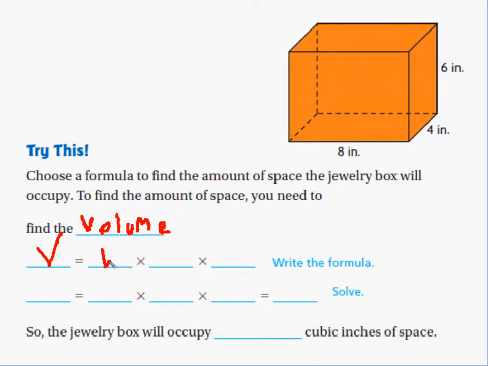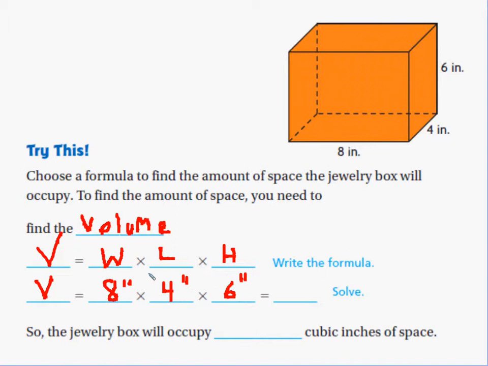The formula for volume is length times width times height. It has 3 dimensions. In this case, the length is 8 inches, the width is 4 inches, and the height is 6 inches.